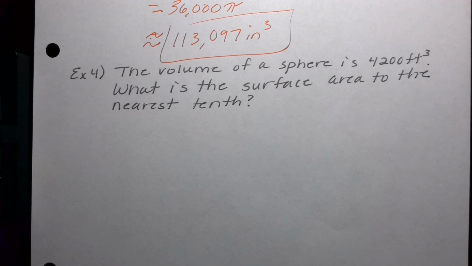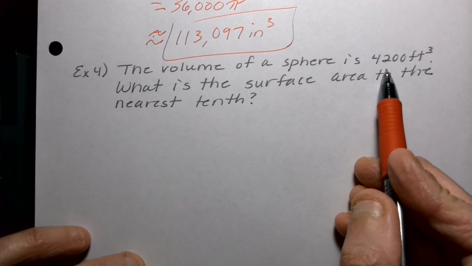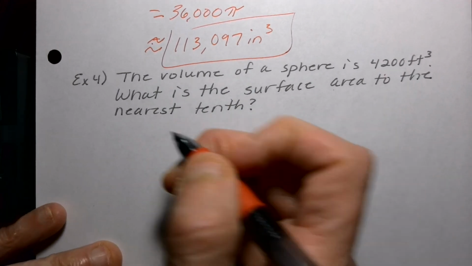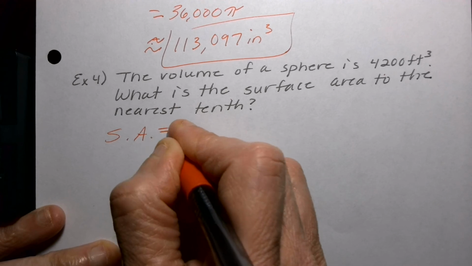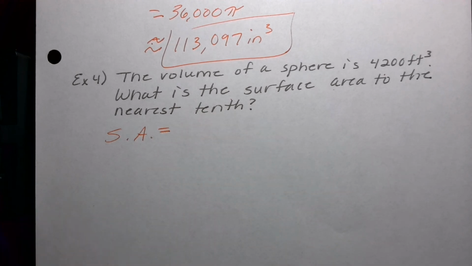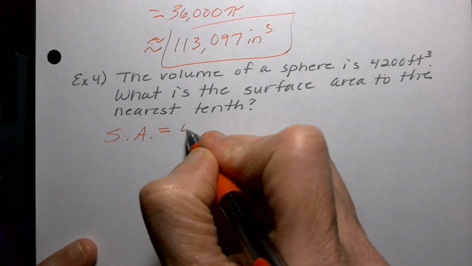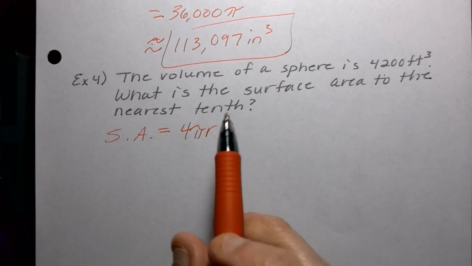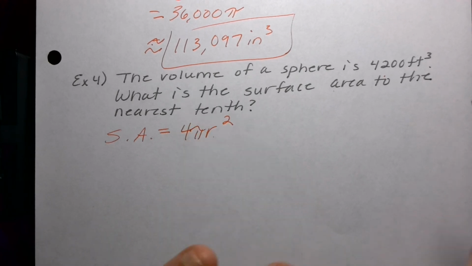The volume of the sphere it gives you, and they want you to find the surface area. So we want surface area of a sphere, which we had just said what it was. What was it, class? That's right, it's 4 pi r squared. And so all we need is radius, but they don't give us radius. All they give us is volume.